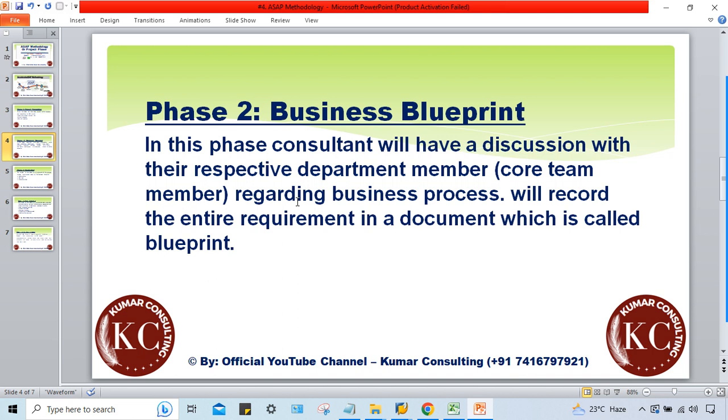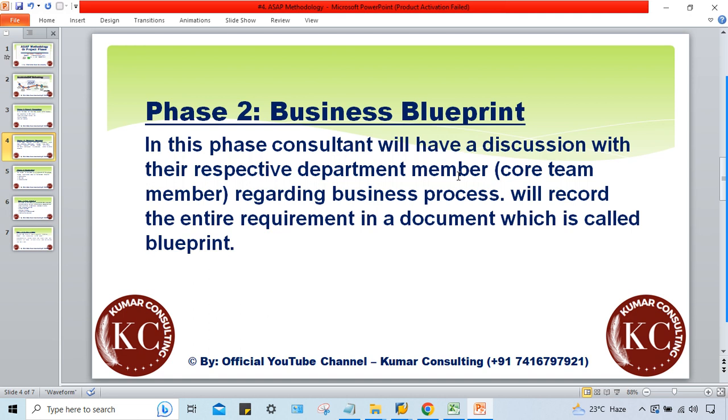If I need certain input, how do I get those inputs? In each and every configuration, we need multiple inputs. So if I need to get those inputs, I need to contact somebody. So simply we have to contact this core team member.